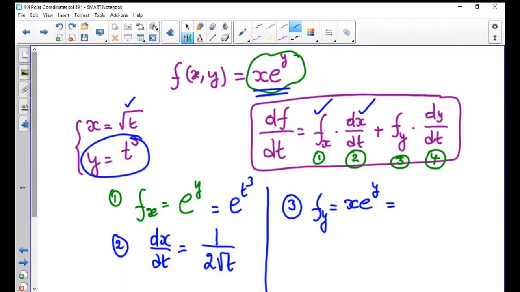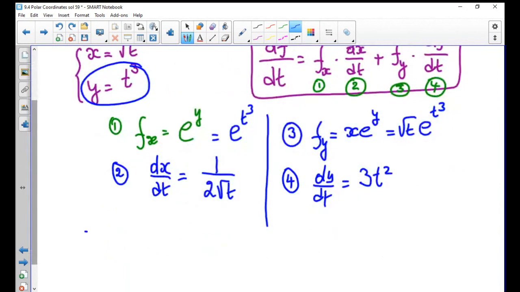Which means I need now to replace this with square root of t, e to the power of t cubed. Done. Finally, dy over dt, very easy. dy over dt is 3t squared.